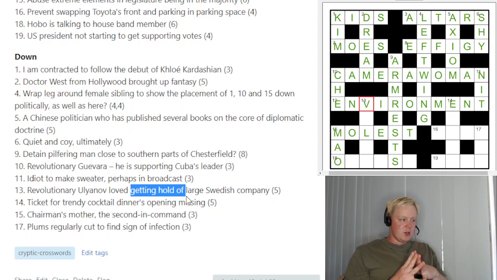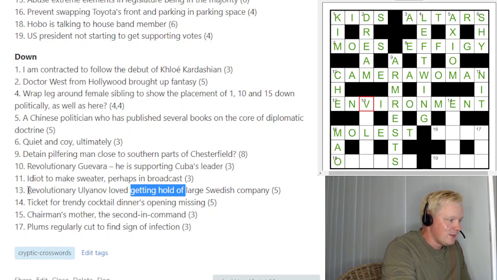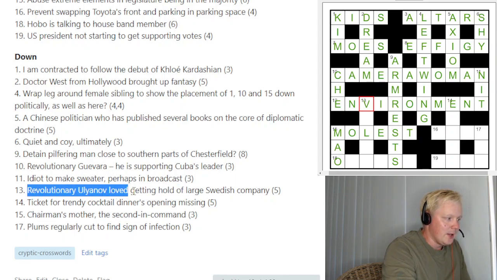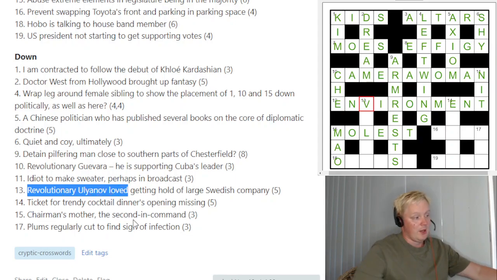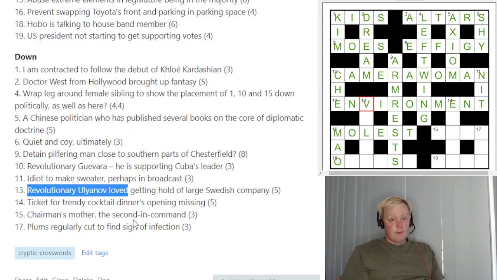It can be insertion or it can be hidden word. And here it's hidden word actually. Now, these aren't great fodder for a hidden word with 5 letters, because the central word is more than 5 letters. So whichever way you take it, you would leave one word unused.